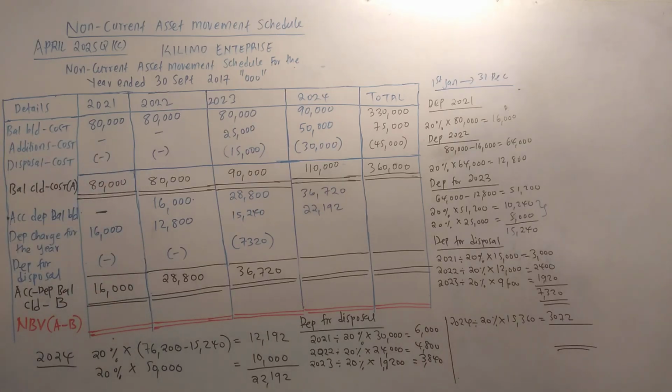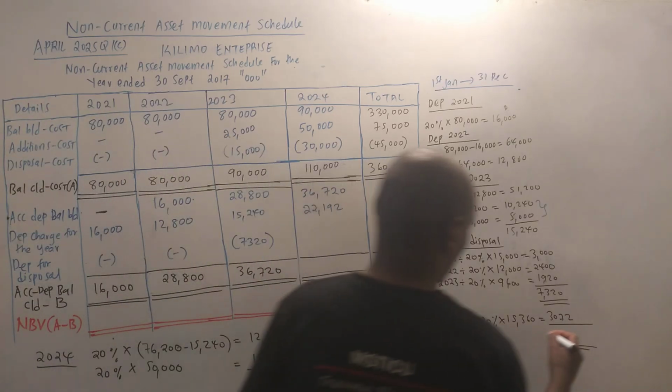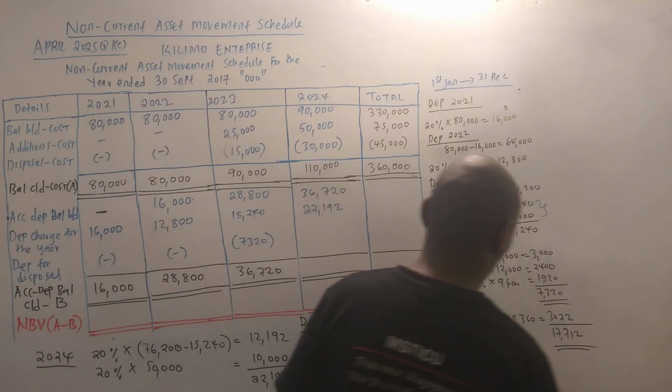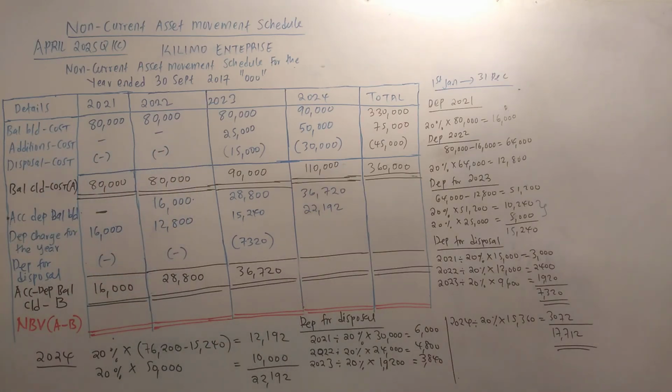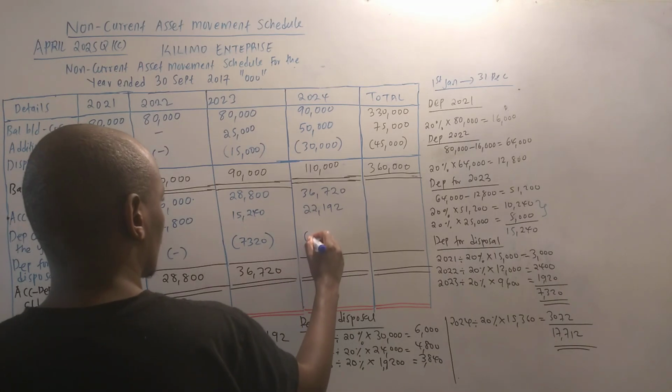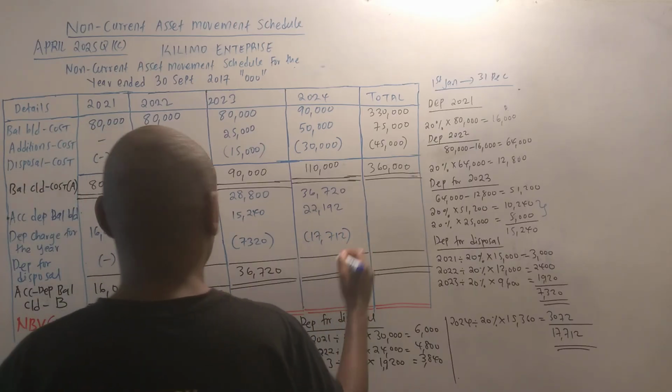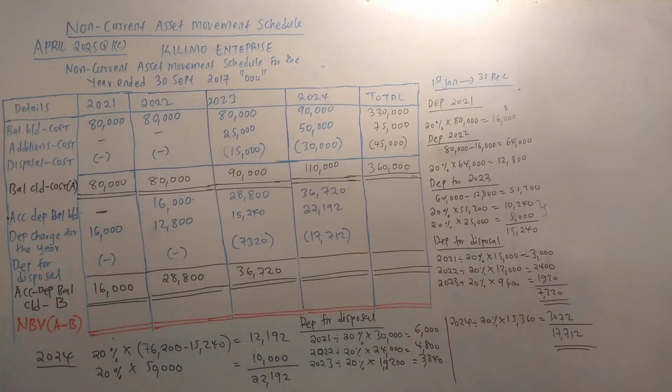Then you add the total. So let us add from 2021: 6,000 plus 4,800 plus 3,840, then plus 3,072. 17,712. So we deduct 17,712. Now let us find the final figure.